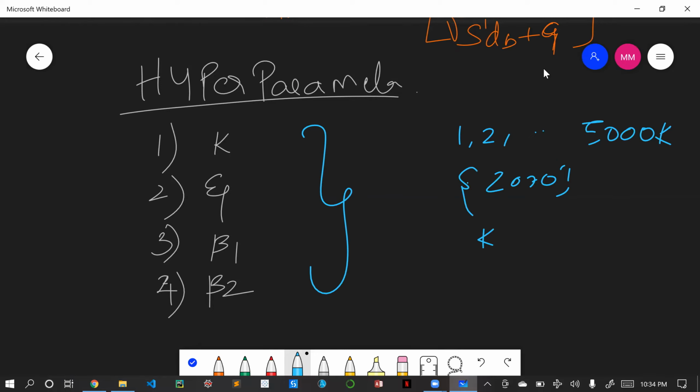If we go for stochastic gradient descent, there will not even be this batch size; we pass only one data, so there is only control over the learning rate. But in Adam optimizer, we have control over the learning rate, the epsilon value, and the beta 1 and beta 2 values as well.